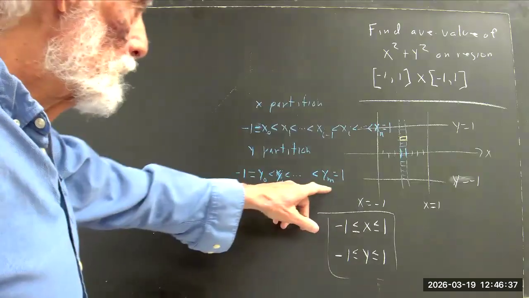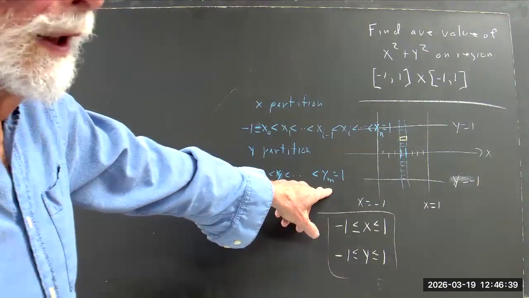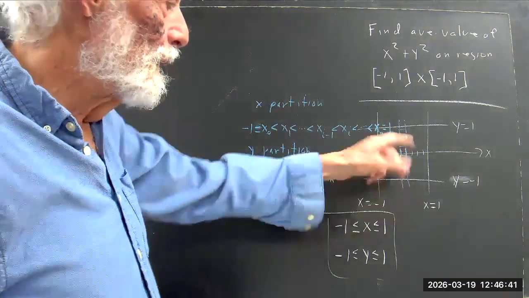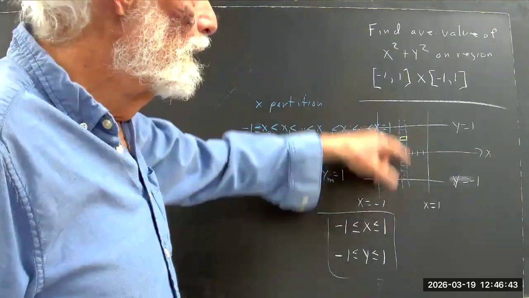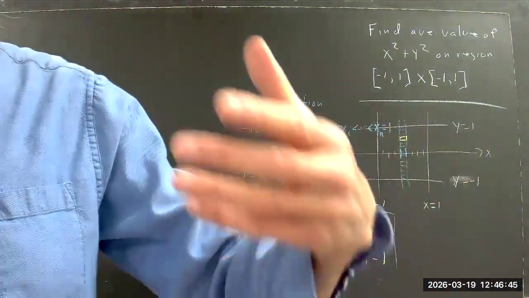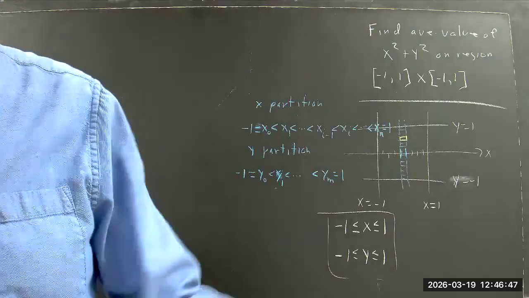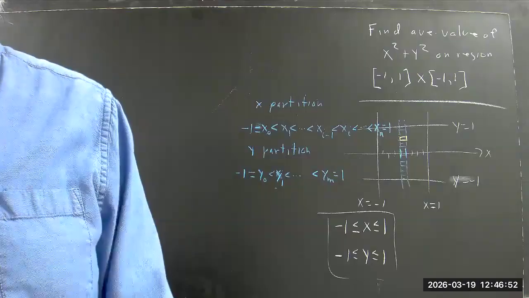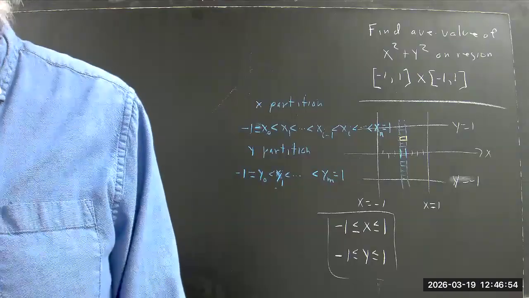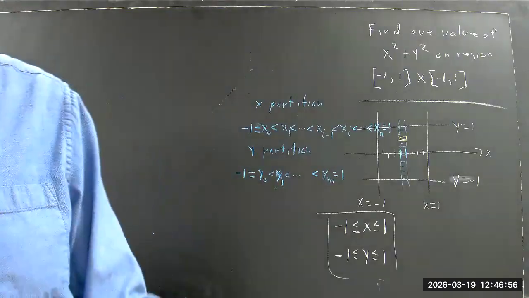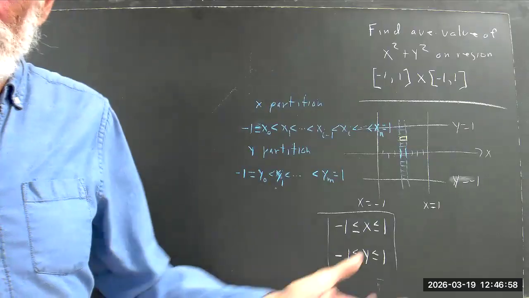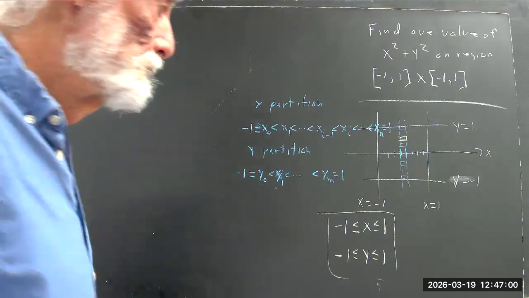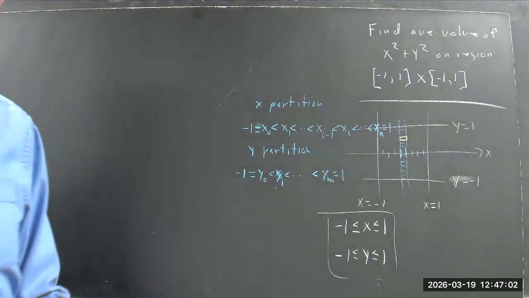Now, instead of n, I'm going to use m on y because we don't have to have the same number of subdivisions on y as we do on x. We could, on a rectangular region. On a region that's not rectangular, in general, we wouldn't. Now, does all that make sense?